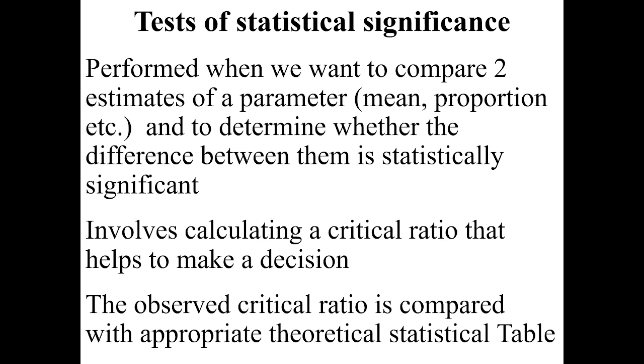The observed critical ratio is compared with a theoretical statistical quantity, which is readily available in standard books, or you can derive it through mathematical calculations. By comparing the observed ratio with the theoretical one, you take a decision about whether the difference is statistically significant or not.